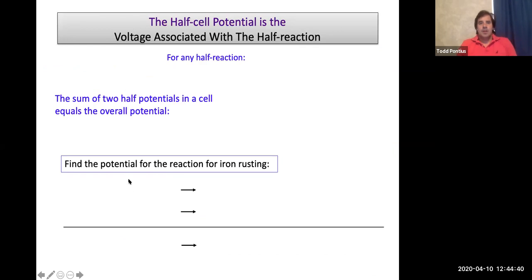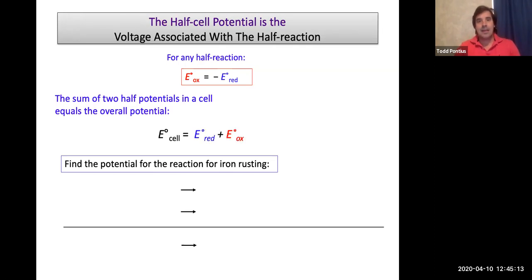Okay. So now let's combine 2 different half reactions and get an overall potential for it. And we're going to look specifically at the reaction for iron rusting. So whenever we want to find the oxidation potential of something, if we know the reduction potentials, and you flip the reaction, if you go from reduction to oxidation, what you end up getting is the oxidation and you flip the sign.